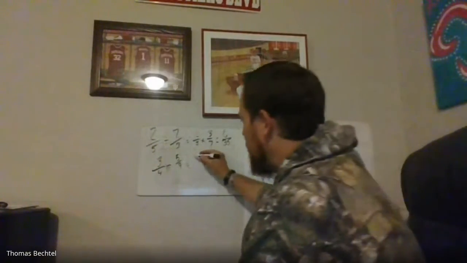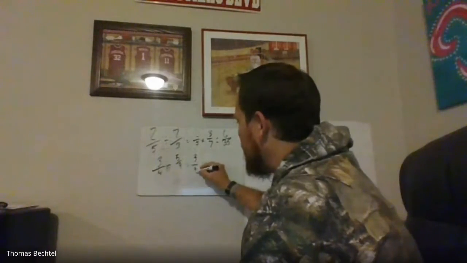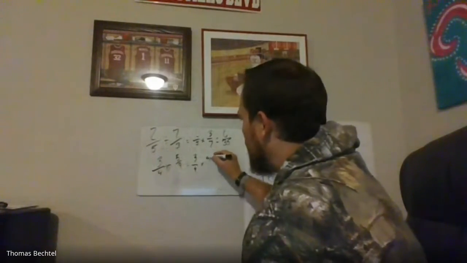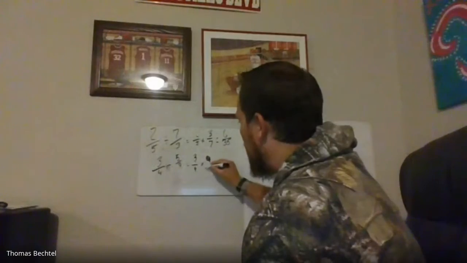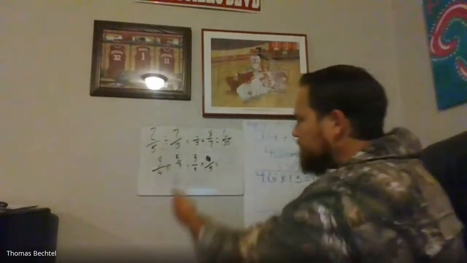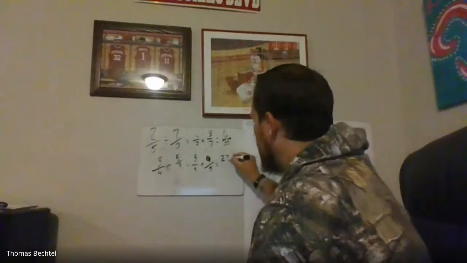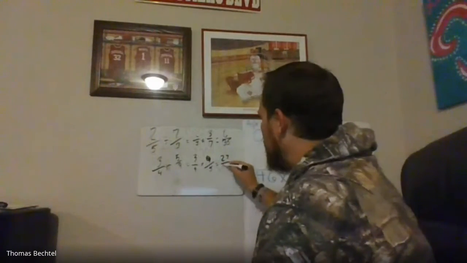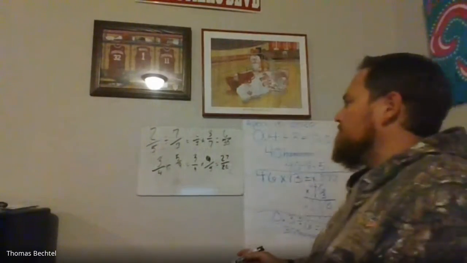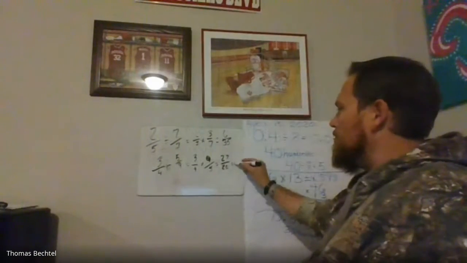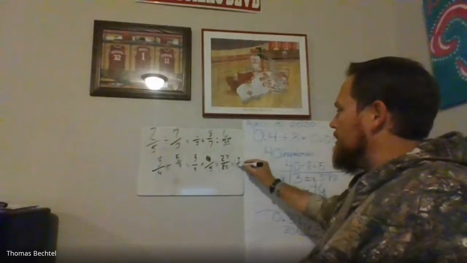It's just easier to take the reciprocal and multiply. So now you take 3 times 9, which is 27, 4 times 5, which is 20. Okay, so that ends up being 1 and 7/20.